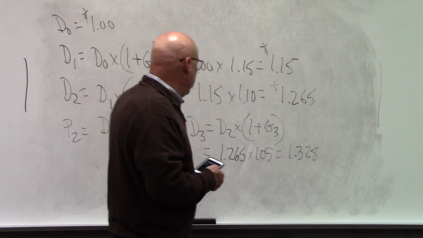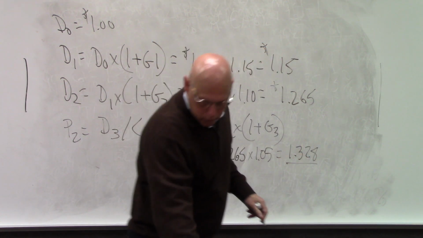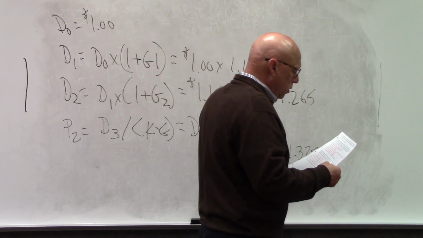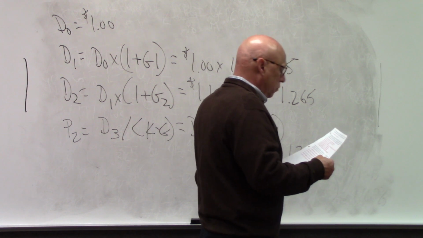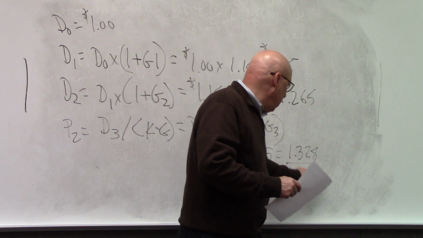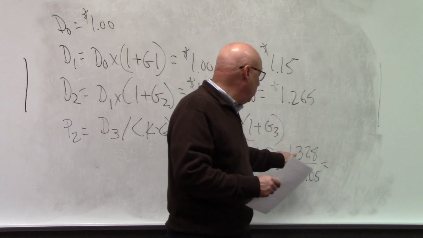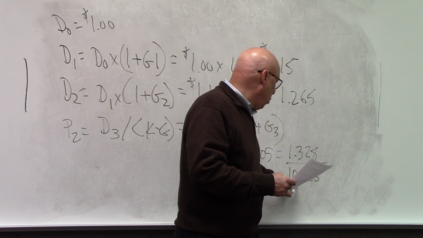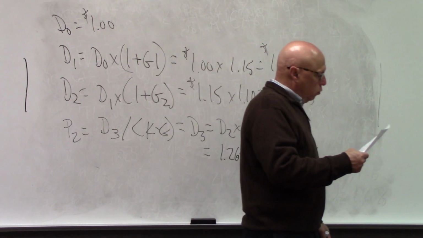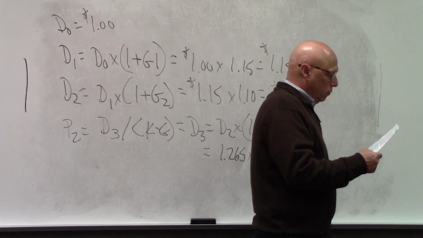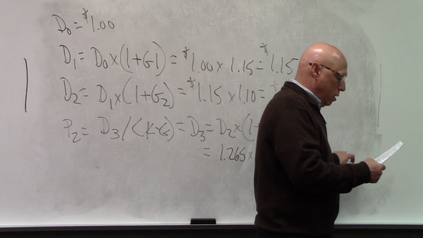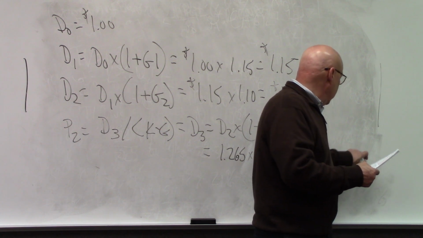Okay, so that's D3 divided by K minus G. K is 10%, 0.1, minus G, 0.05. So we divide 1.328 by 0.10 minus 0.05, and we get $26.565.